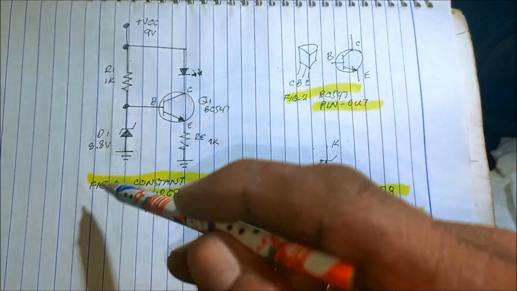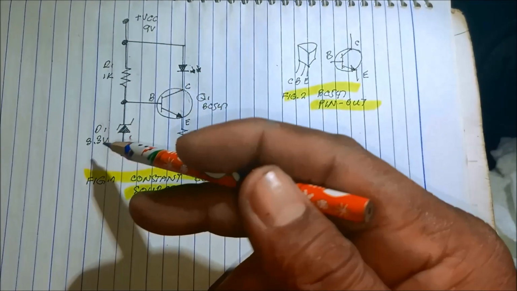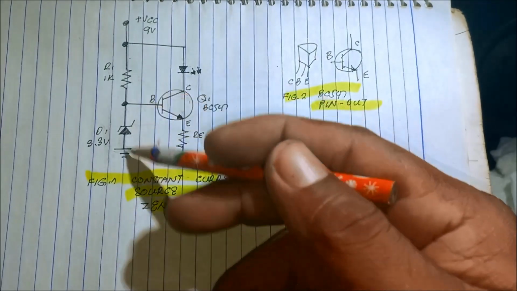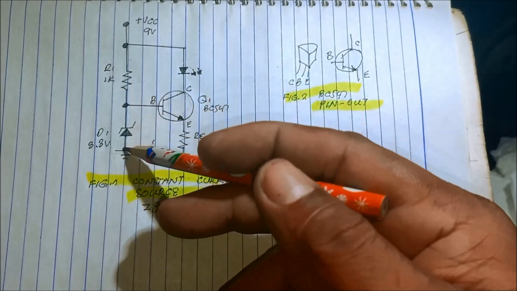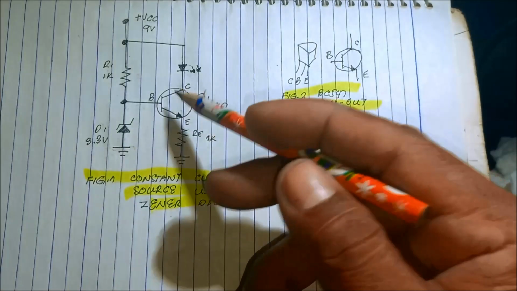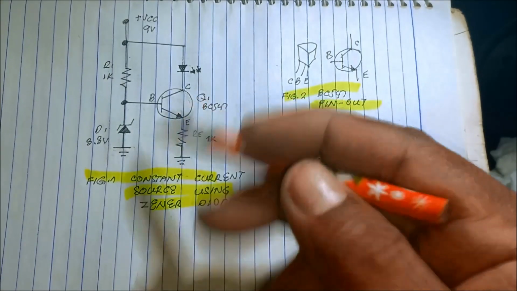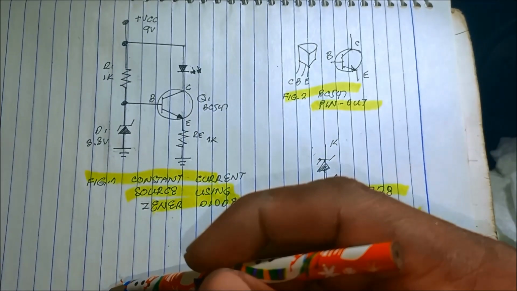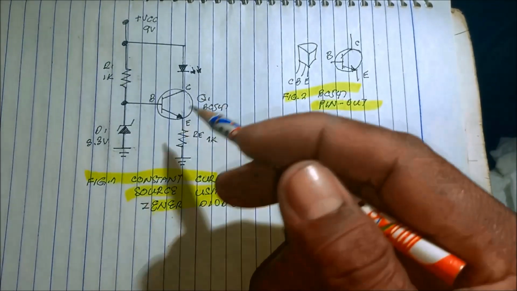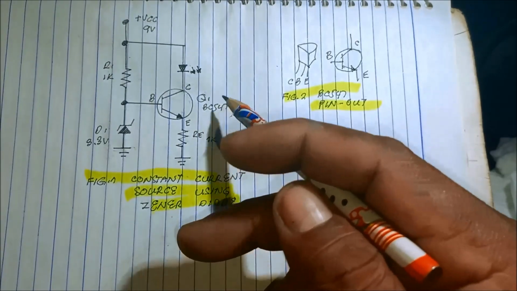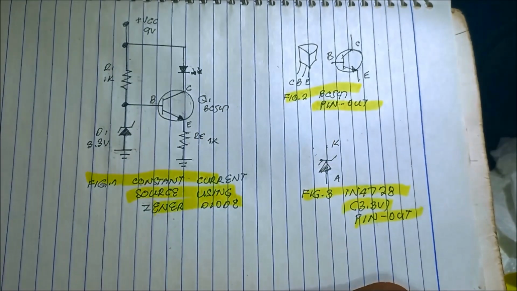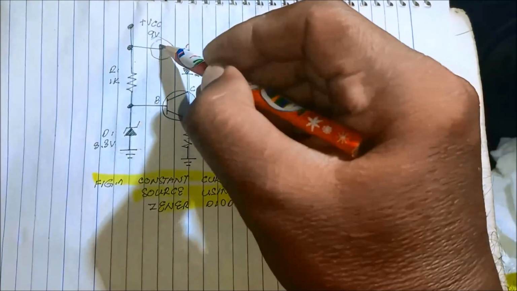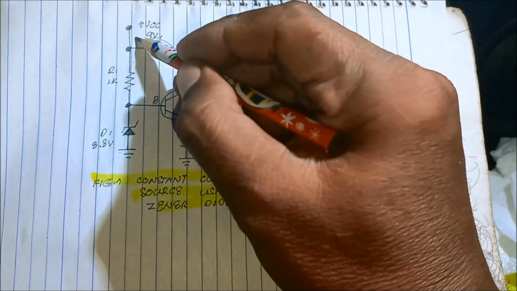With the use of 1K as a current limiter resistor to our diode, at the same time as a voltage divider to the transistor. Since this transistor now works as a switch or sometimes as an amplifier, but in our case it works as an amplifier and at the same time as a switch. Why? Because in our example we are having this ammeter.